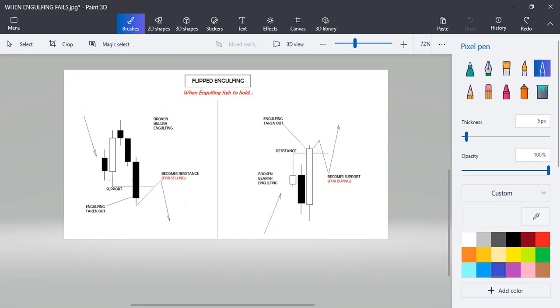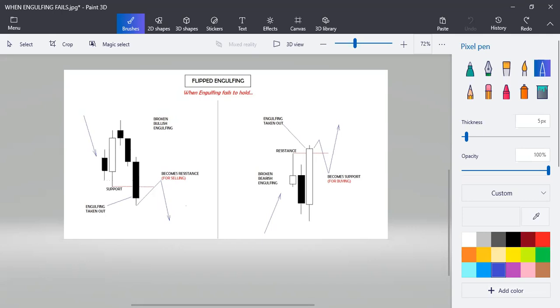Then we have this as well. Let's look at another one. We have this as failed. We have another one there.